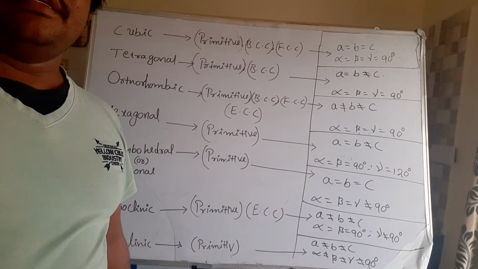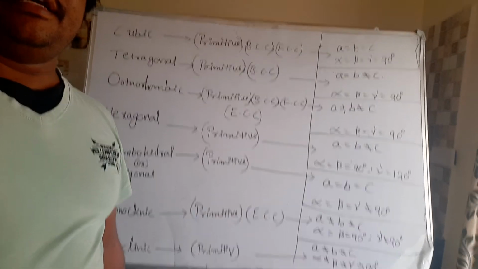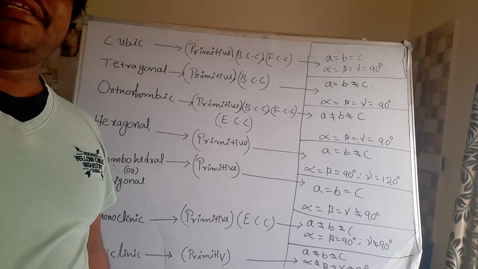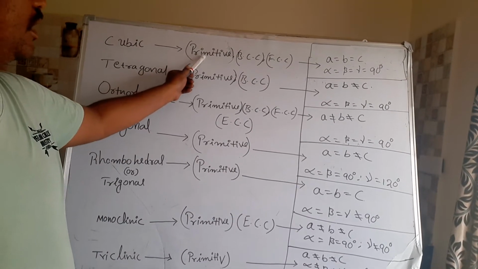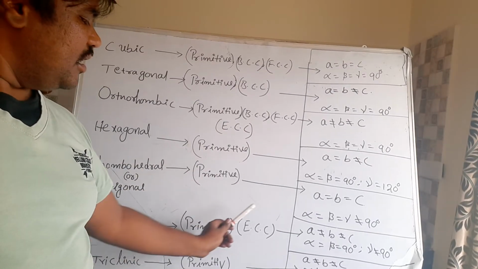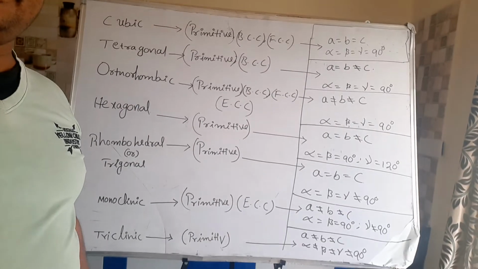These are the parameters of different crystal systems, and different possibilities are there. How many varieties are present? Count these: 1, 2, 3, 4, 5, 6, 7, 8, 9, 10, 11, 12, 13, 14 varieties are there.